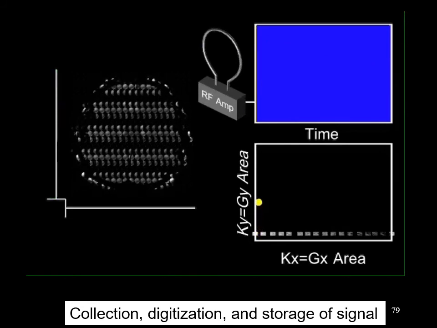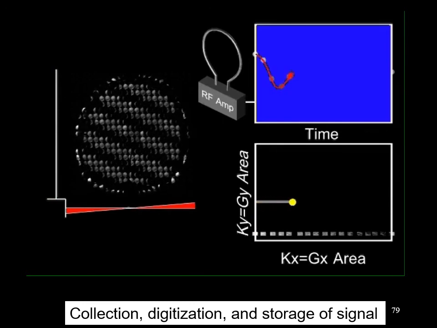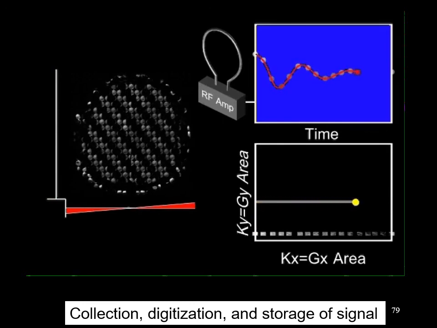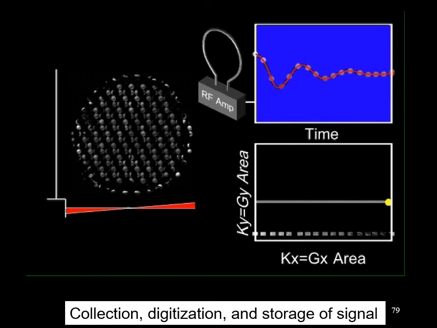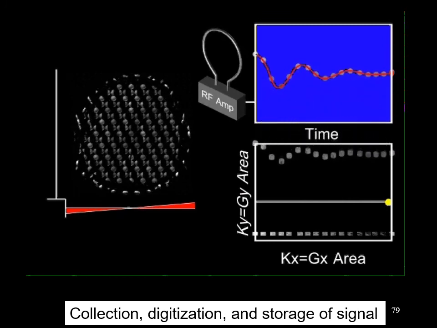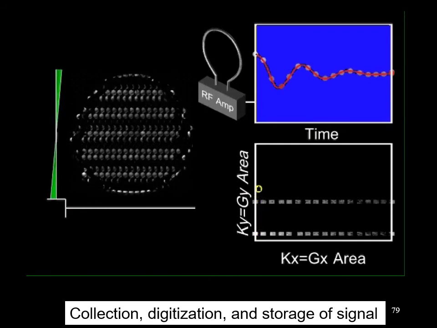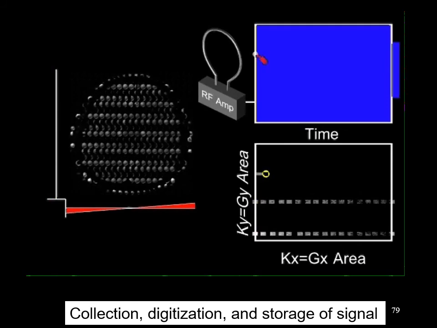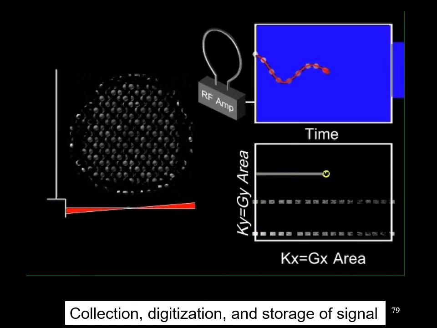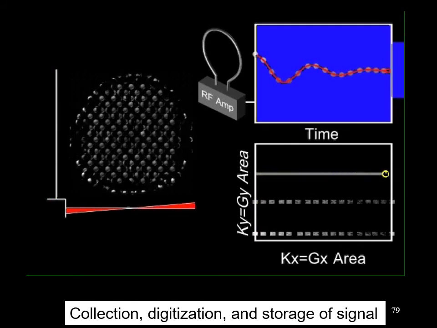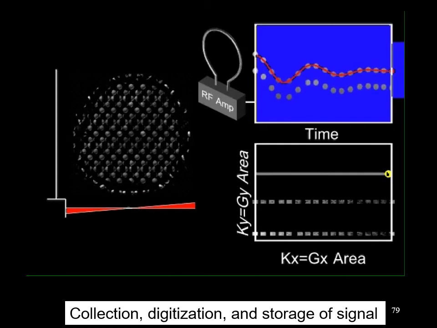We then apply a gradient along the y direction, followed by the gradient. We get another sinusoidal curve, which the analog signal is digitized, and it populates another line in k-space. We then apply the gradient in y again. We create those horizontally oriented stripes followed by vertically oriented stripes, creating these obliquities.